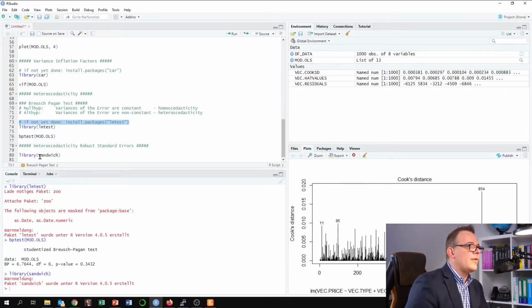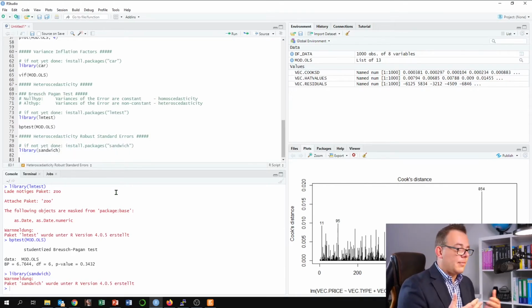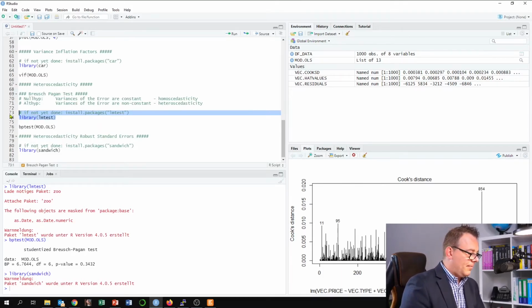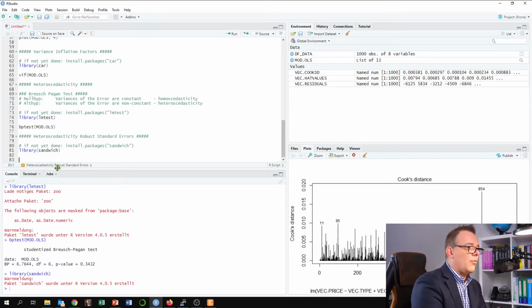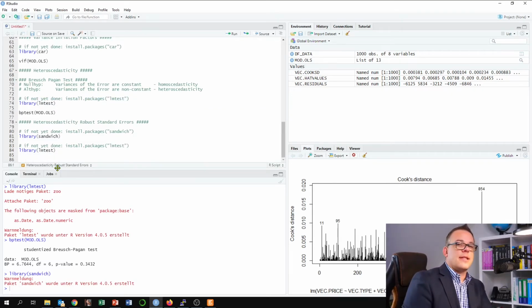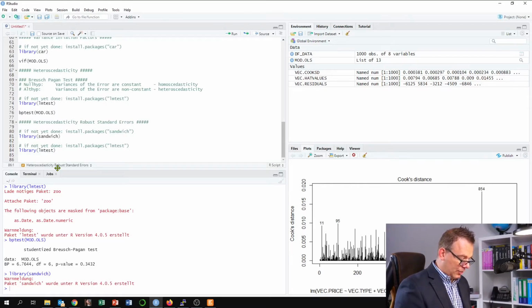So if it is not installed on your machine, you will need to install it, and of course that would be sandwich then. But I don't run this line because it is already installed here. And again, we need the lmtest package, so I copy all this too. So we need these two packages, the sandwich package and the lmtest package.